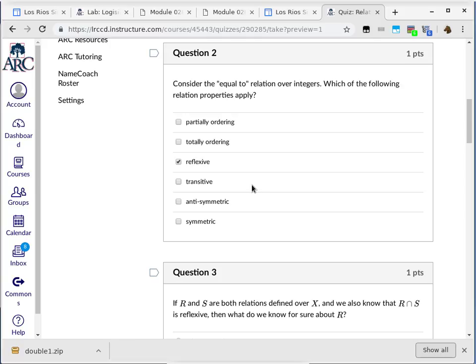But think about it. The definition of transitive is for every way to pick 3 integers, remember they can be duplicates, A, B, and C: if A equals B and B equals C, does that imply A equals C? Yes. Well, that makes it transitive.